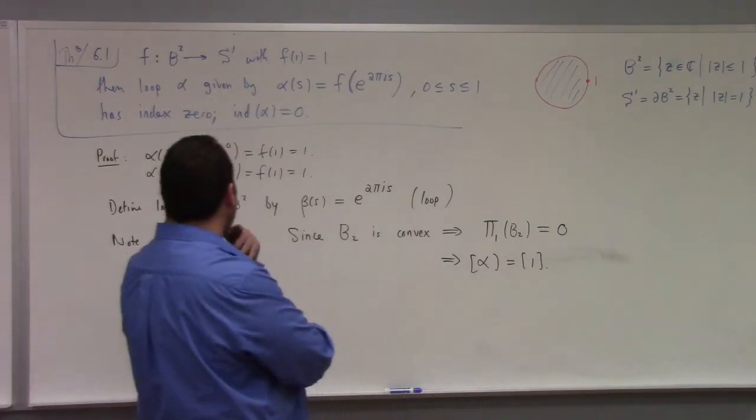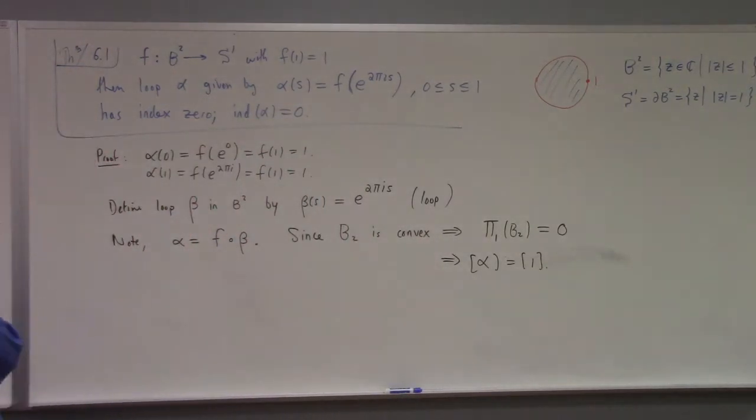Now, what does beta have to do with anything? Why do you have to bring beta into the mix? What was the point of that? Well, alpha was not a loop in B2, was it? Alpha was a loop in S1.